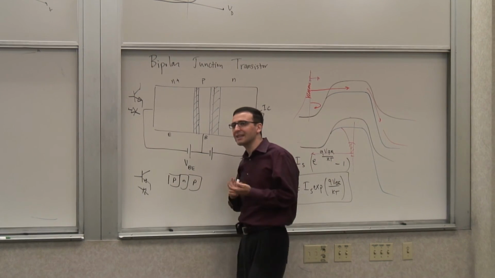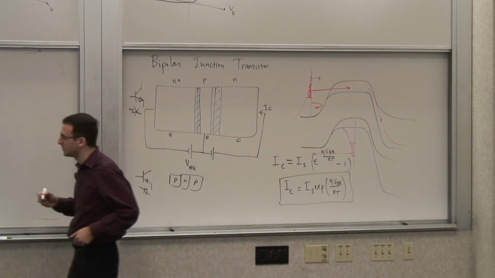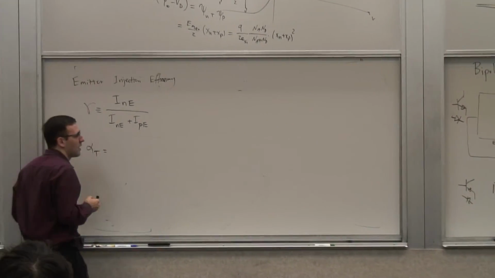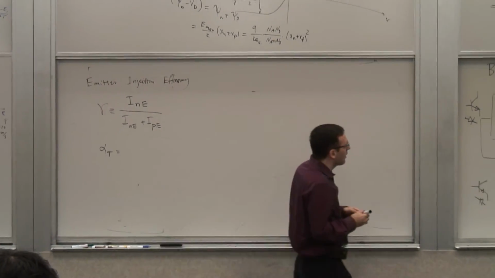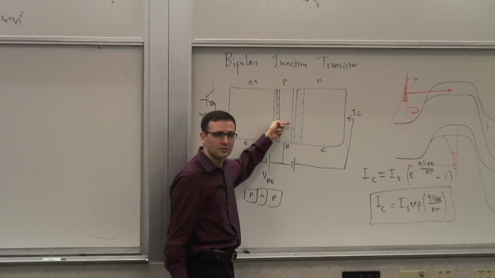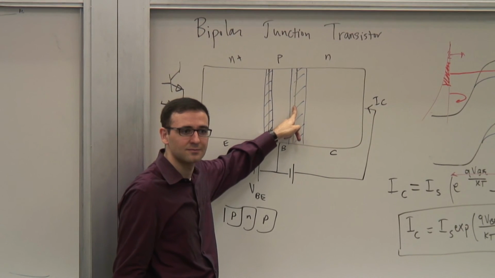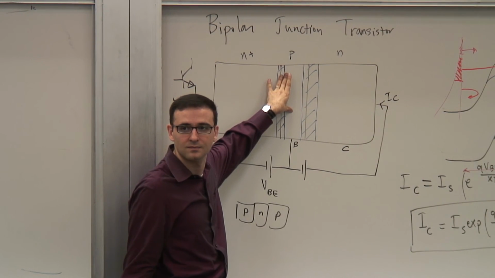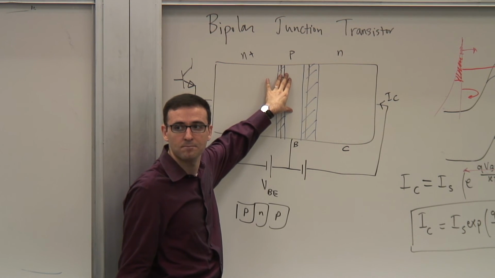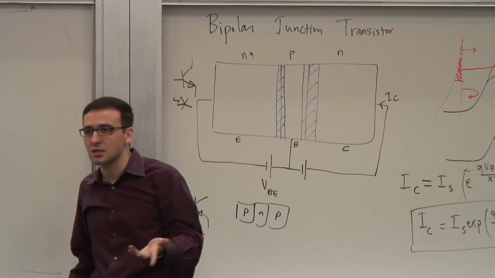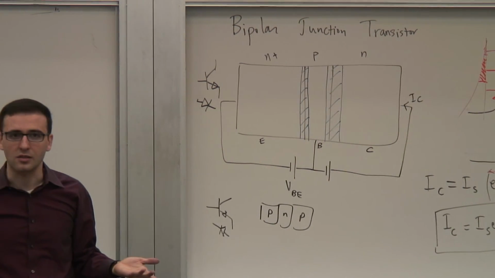Now, there's a second efficiency component to this, right? Which is the transport efficiency. And it comes from the fact that not all the electrons that are injected from the emitter make it to the collector. Right? Some of them recombine here. Okay? And this recombination process also results in some loss of electrons.